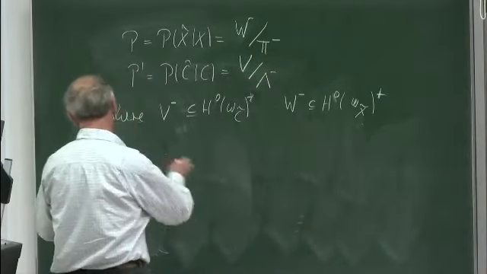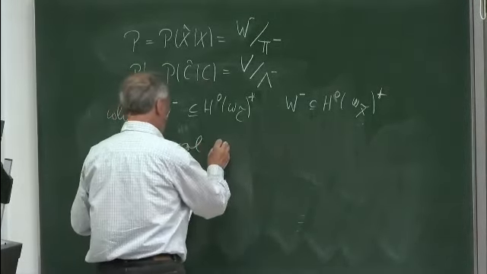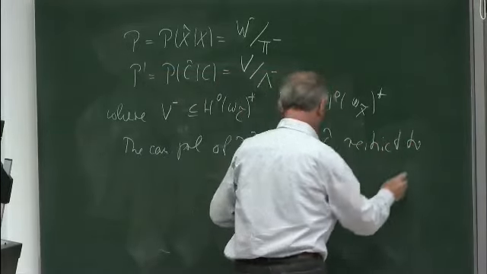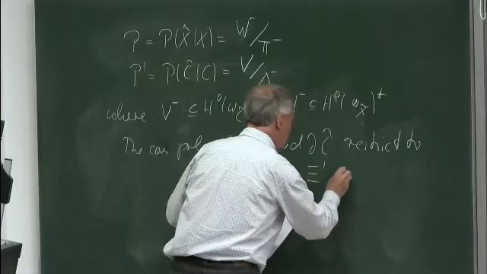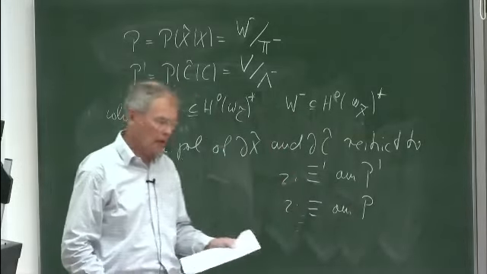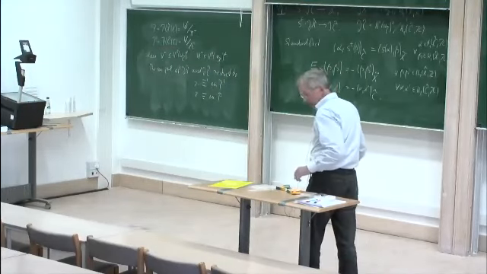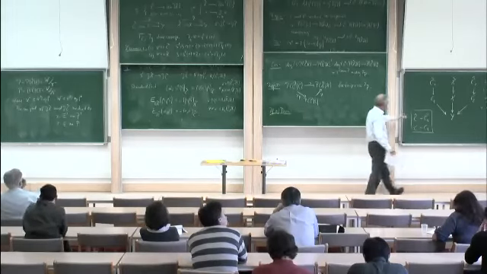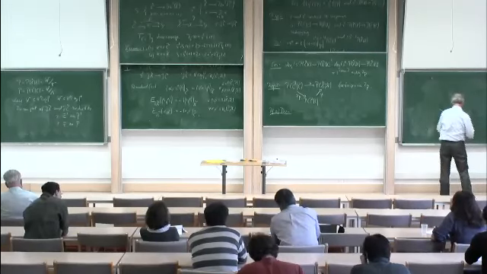Okay? Then we know that the canonical polarizations of JX tilde and JC tilde restrict to twice a polarization: twice xi prime on P prime and twice xi on P. Then from this we get the following equality.